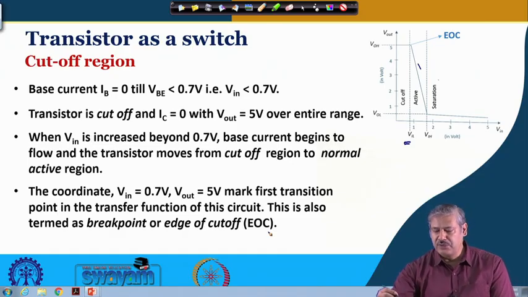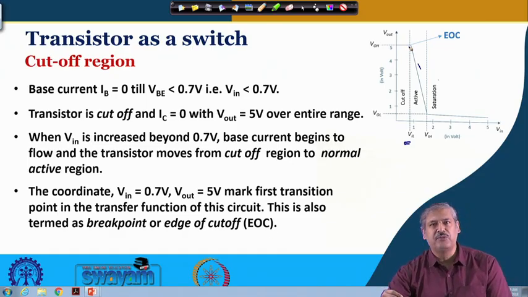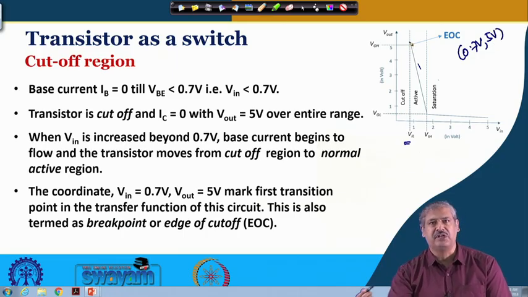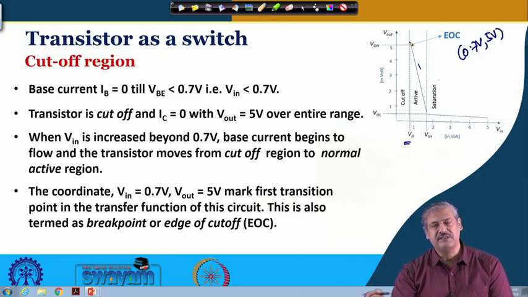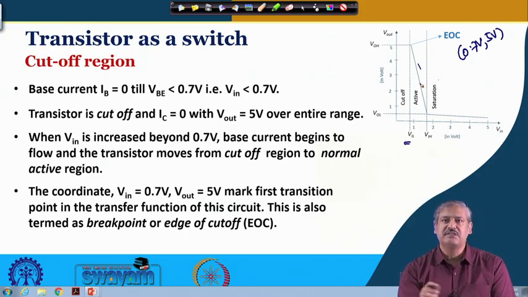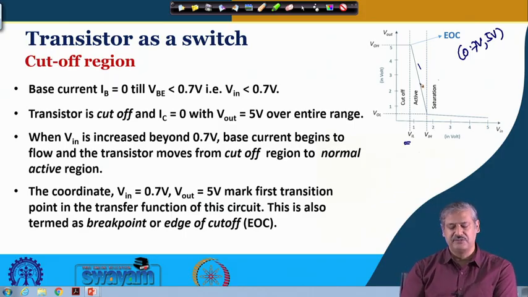So the coordinate of this is 0.7 volt and 5 volt. This is also known as the edge of cutoff, that means at this point it is just coming out of cutoff. Is it clear?